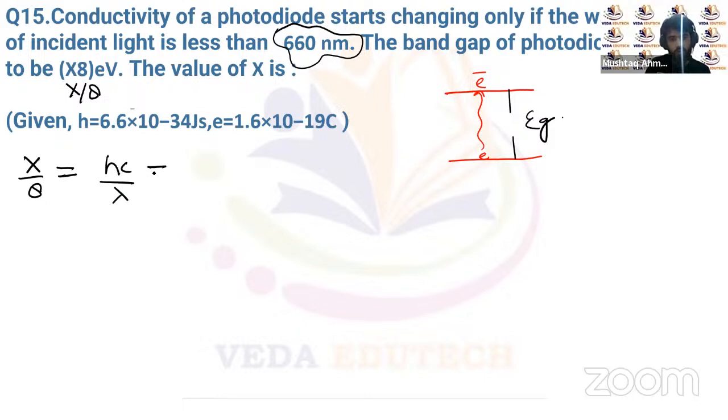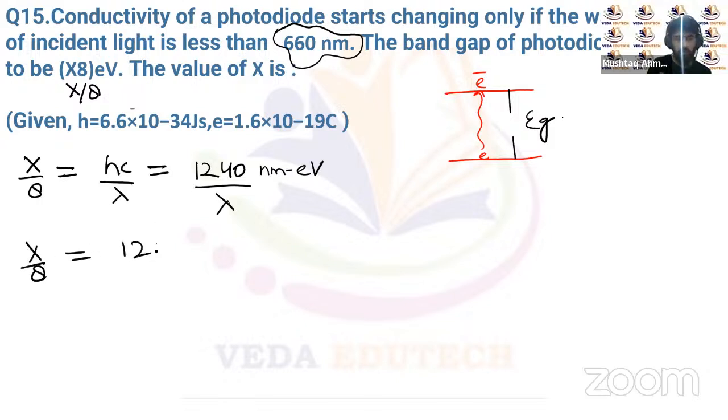Or there is a very important shortcut: we can write hc as 1240 nanometer electron volt, so 1240 upon lambda. If lambda is in nanometers, the nanometers cancel and we get the energy in electron volts.